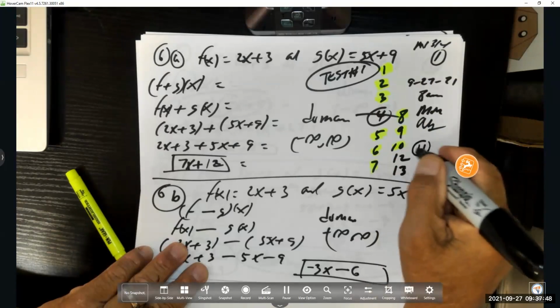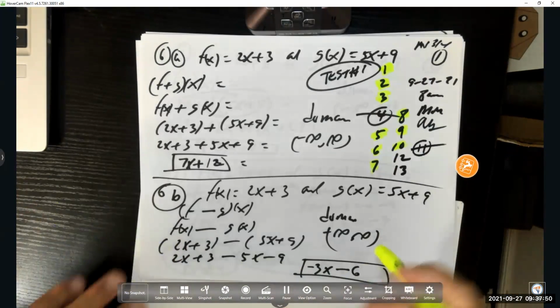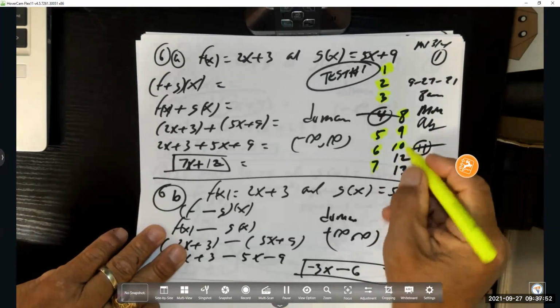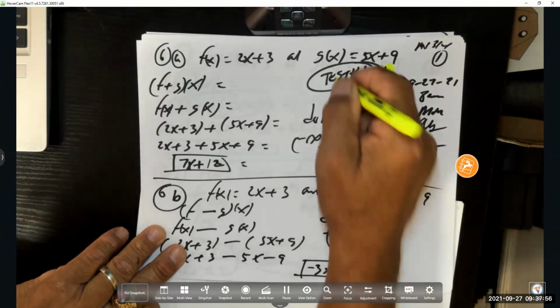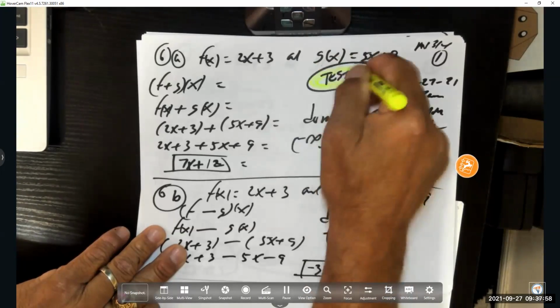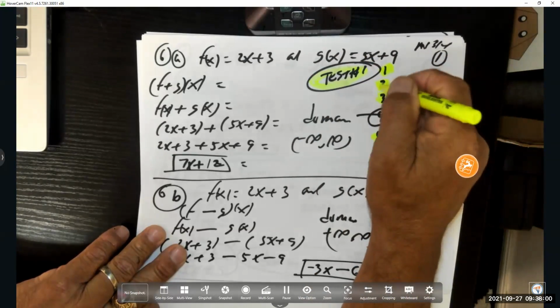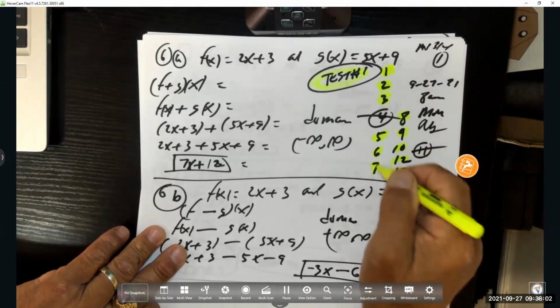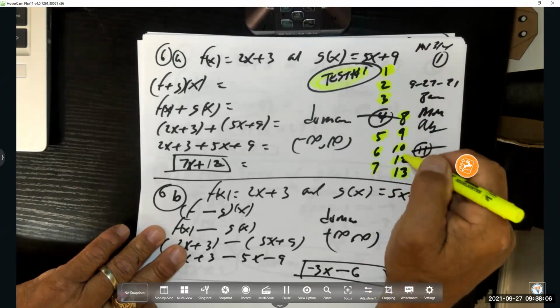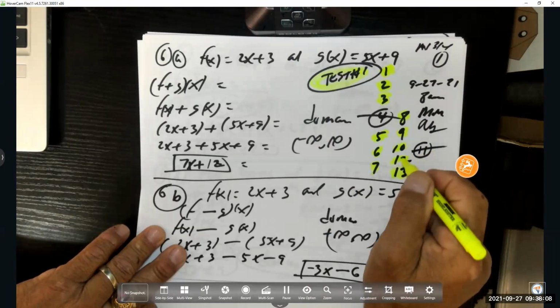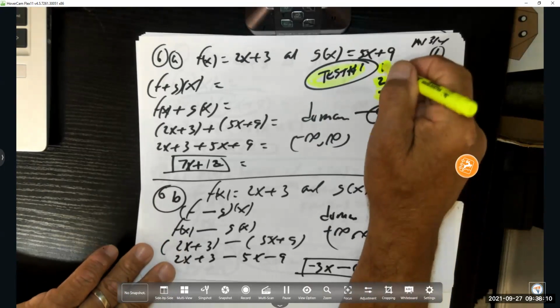Number 11, I skipped that one also. But 12 and maybe 13, I don't know if you can, but you can try. So on test number 1 on my MyMathLab, see if you can do these questions right here: 1, 2, 3, skip 4, 5, 6, 7, 8, 9, 10, skip 11, 12, 13. So see if you can do those.